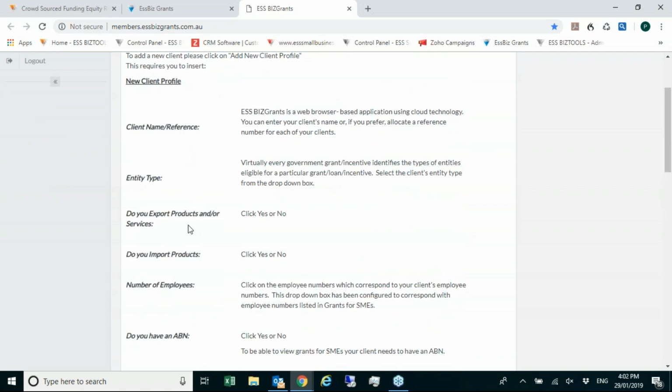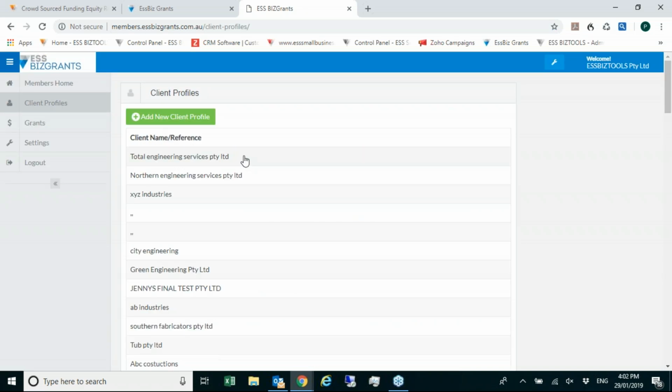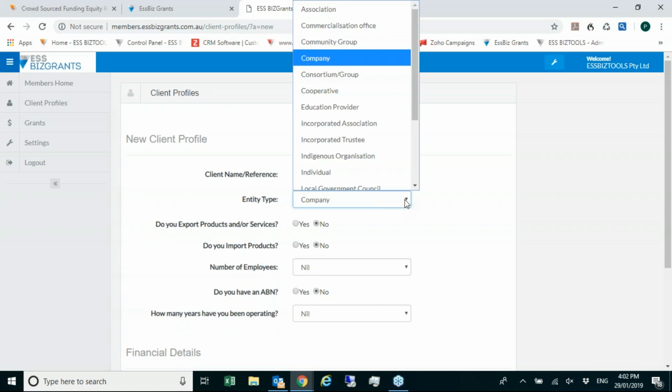Just go into it. When you go into it, there's some explanations as to what all the terminologies mean. They're pretty straightforward. The big thing is the client profile. I'll show you a blank one first of all, and then we'll move on. So you have to insert the business name, but you can put a number if you wish. We need to know the entity. So what we have done is gone through all the grants.